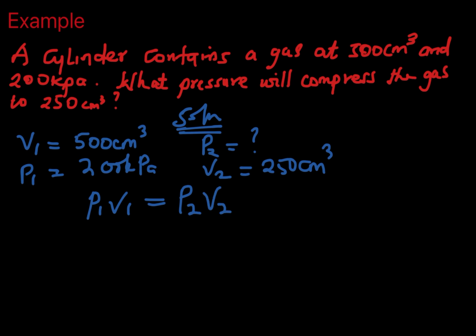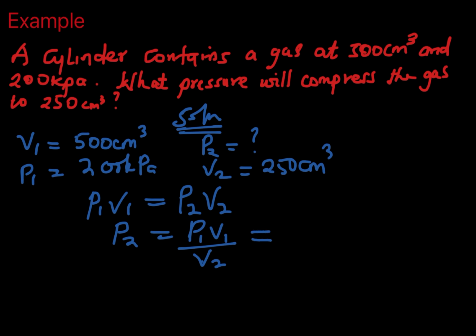If you want to find P2, we can first make P2 the subject of the equation. You just have to divide through by V2, and then V2 cancels out to give P2 equal to P1 V1 over V2.